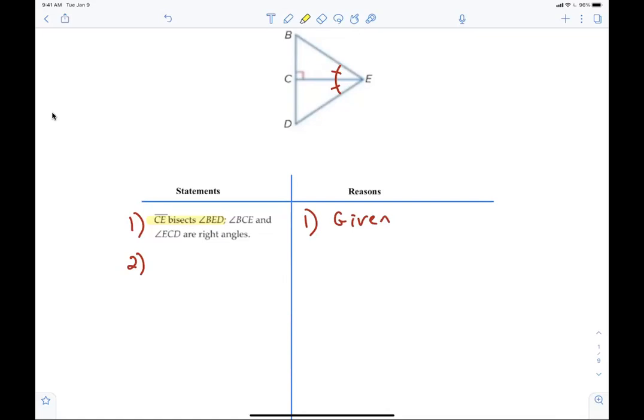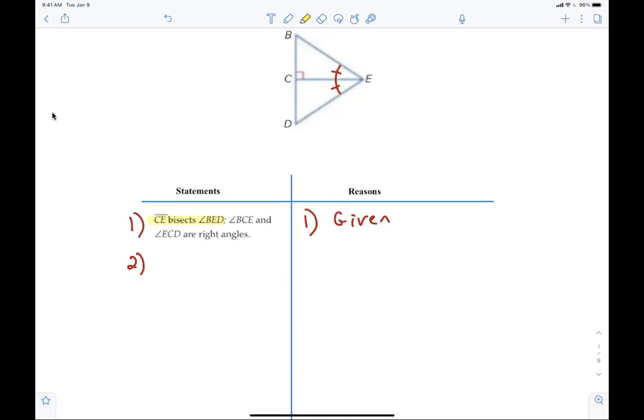Sometimes I can try to explain things a little bit different, but if I tell you that a segment bisects an angle, that means that it cuts the angle in half and it cuts it into two congruent angles. That's what you're getting from that information. Is everybody okay with that now? So as soon as they tell you the segment bisects an angle, it just creates two congruent angles.